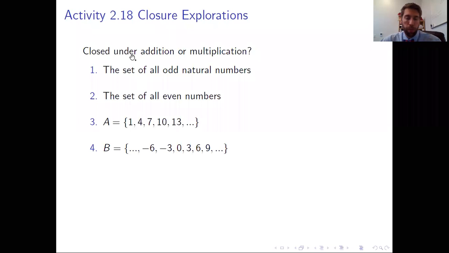What about B, which is negative 3, negative 6, negative 3, 0, 3, 6, 9. Okay, well, these are multiples of 3. If I add a multiple of 3 to a multiple of 3, I get another multiple of 3. And we'll show this algebraically eventually. And the way to do it is to put this in set builder notation.